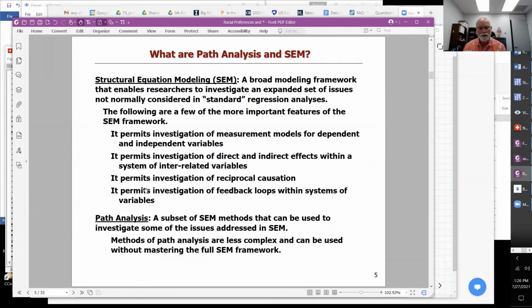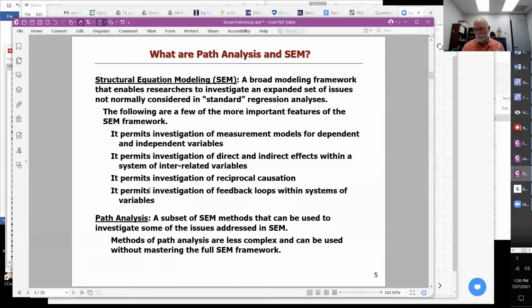The last two bullets under this heading are some things that we can do in structural equation modeling that are just not possible at all in the single equation approach. You can look at reciprocal causation between two variables, and you can go beyond that, and you can look at feedback loops within systems of many variables.